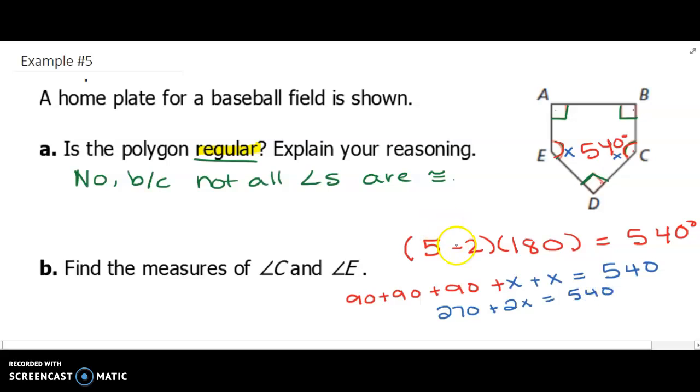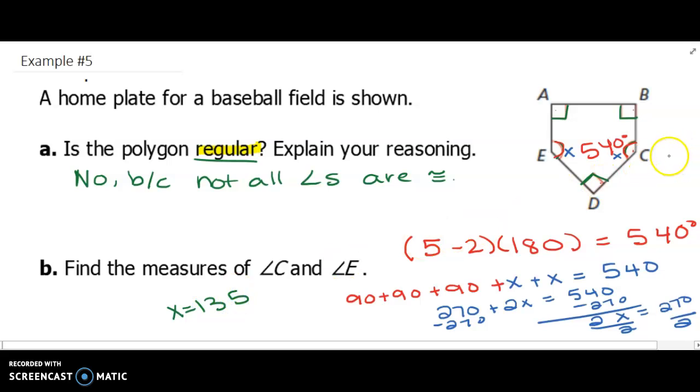Subtract 270 from both sides. I get 2x equals 270. Divide by 2. I get x is 135. So both angle C and angle E are 135 degrees.